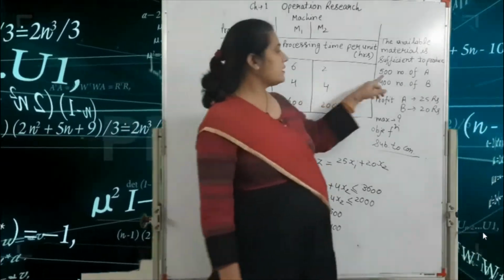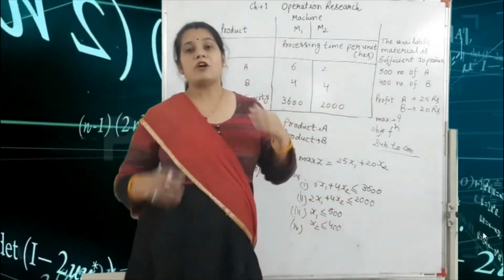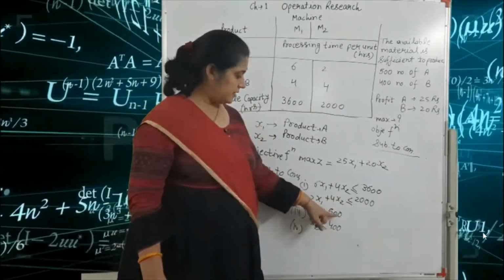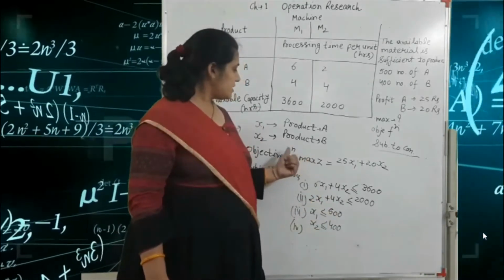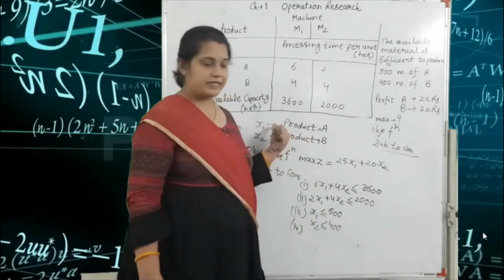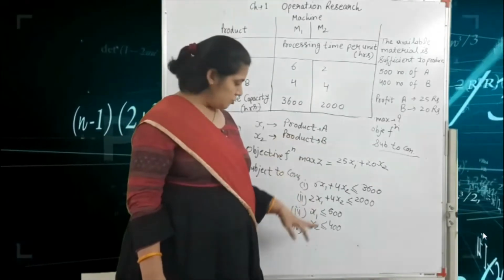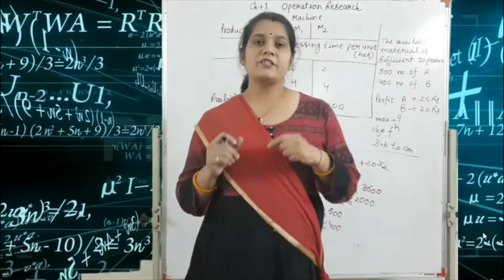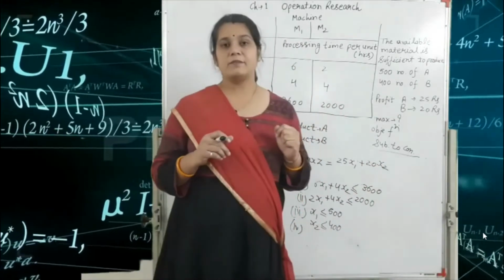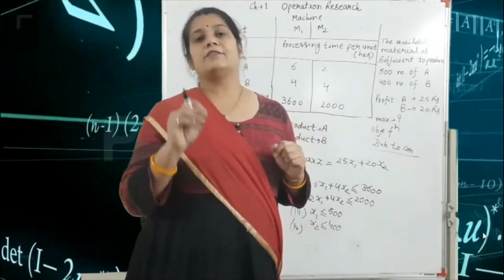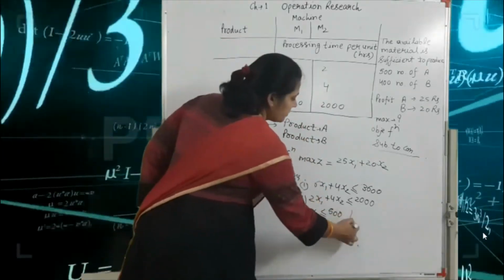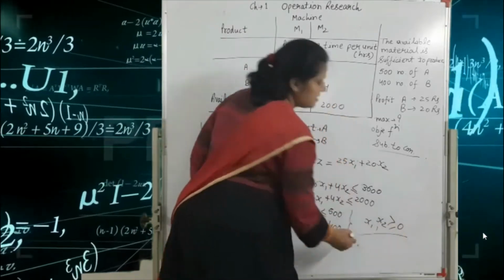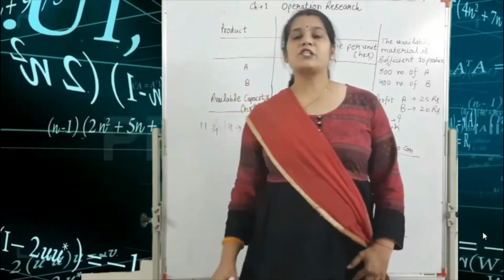Next, the available capacities for product A and product B: x1 less than or equal to 500, because product A is x1, and x2 less than or equal to 400 for product B. After that, the very important point: all decision variables are always greater than or equal to 0. So we write x1, x2 greater than or equal to 0. This is the formulation of the LP model.